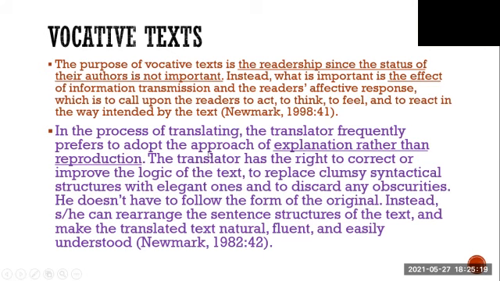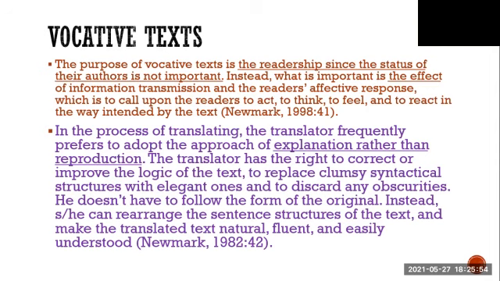While in expressive texts, we have to stick to the syntactical and semantic structures of the original. In vocative texts, we can even, I would say, improve the logic and structure of the original, because my focus is the information in this text and the reader's effective response.